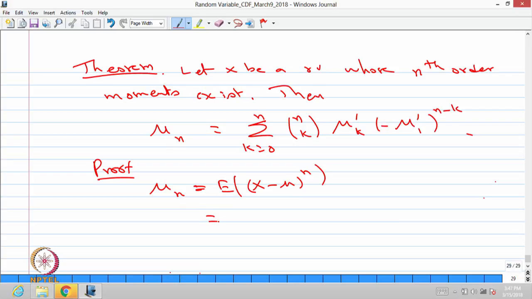That is same as the expectation of x minus, one can write mu as mu 1 dash, that power n. Now you can go for the binomial expansion of x minus mu 1 dash power n.